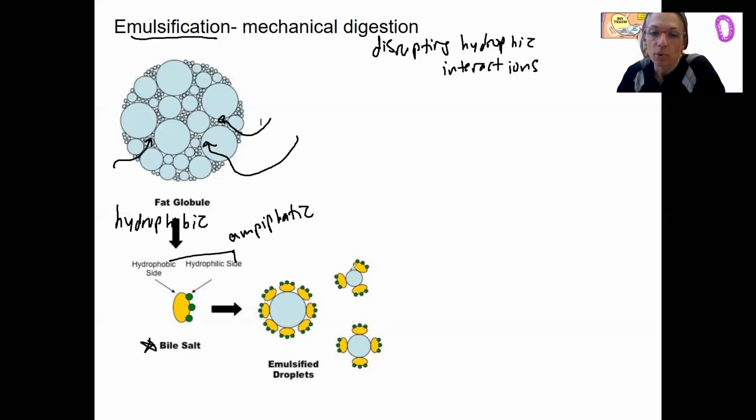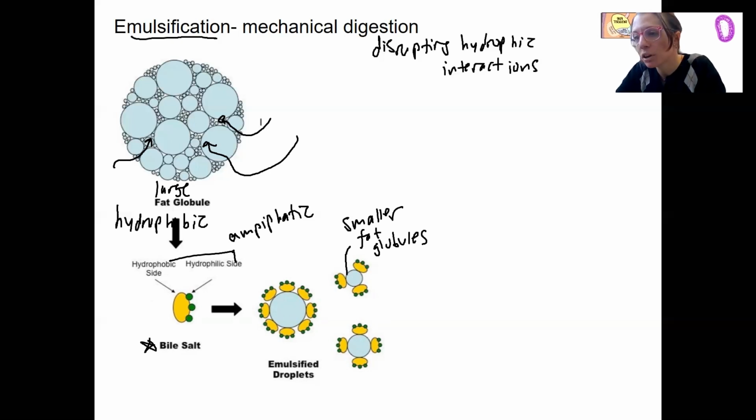So this is smaller fat globules now. Let's write here a large fat globule. Why do we want to do this? Well, this is still a whole clump of triglycerides. We still need to be able to chemically digest that, but now we can do that.